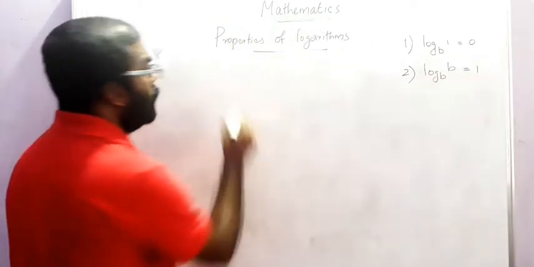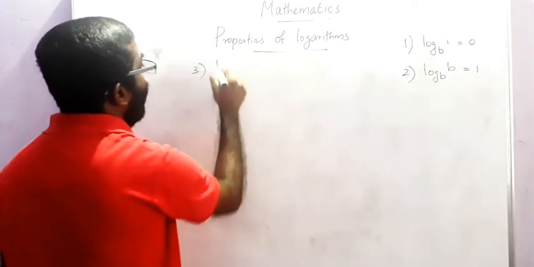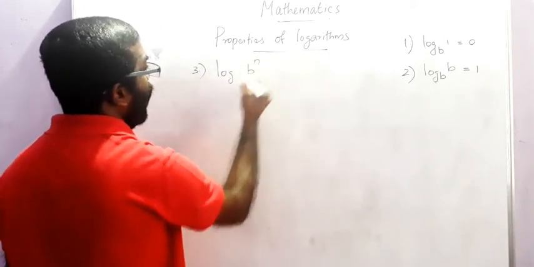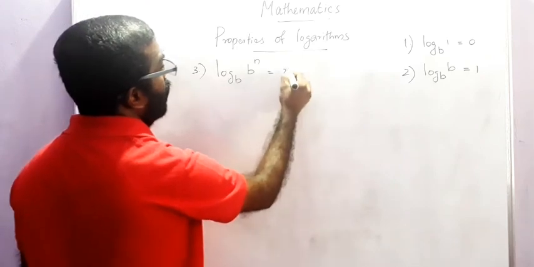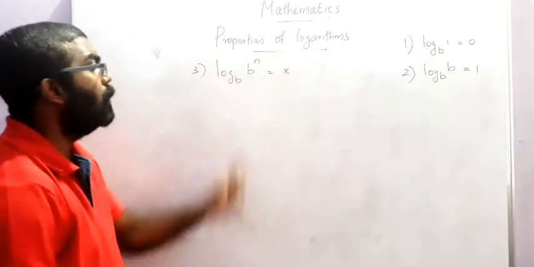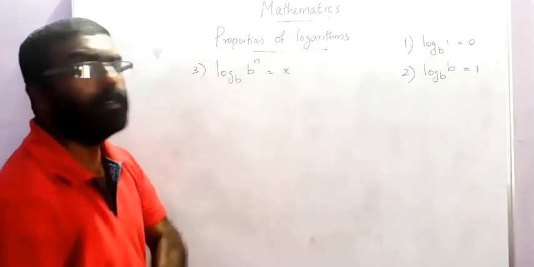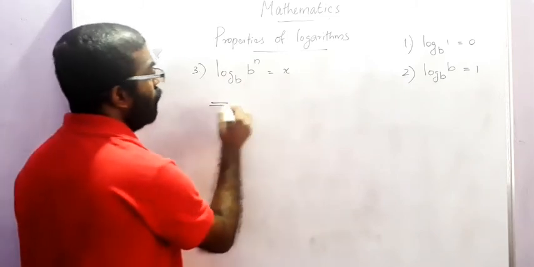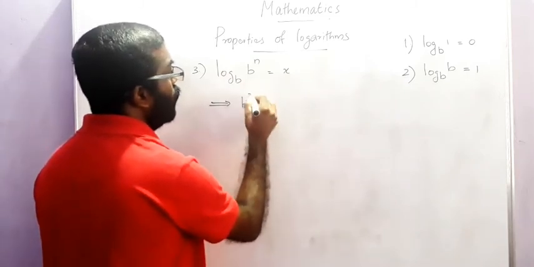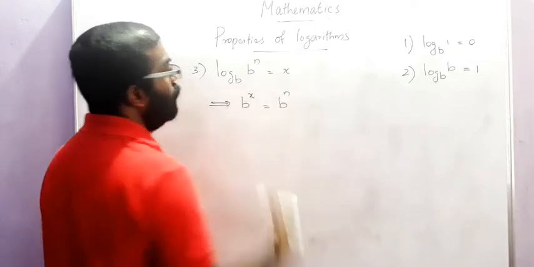Now the third one is log of b raised to n to the base b. Let that be x. In exponential form we can write it as b raised to x is equal to b raised to n.